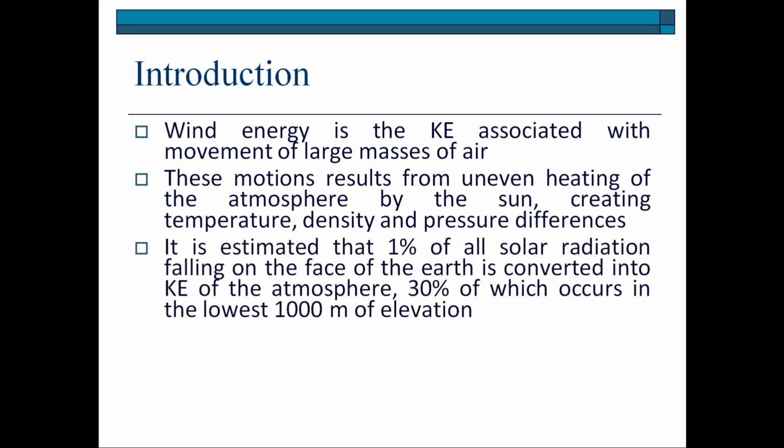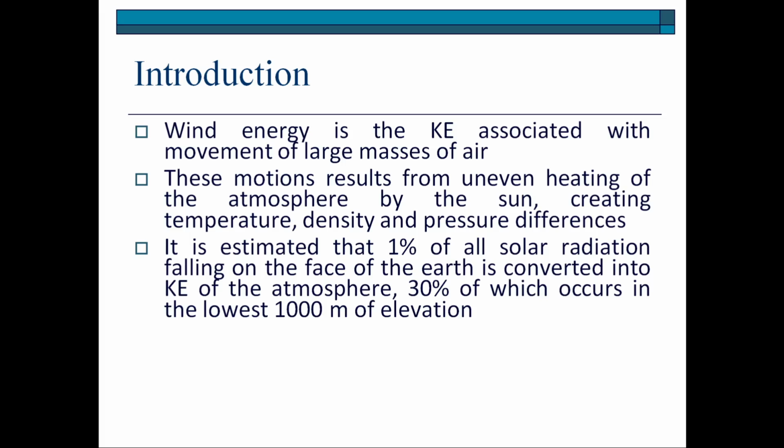It is estimated that 1% of all solar radiation falling on the face of the earth is converted to kinetic energy of the atmosphere, 30% of which occurs in the lowest 1000 meters of elevation of the atmosphere.